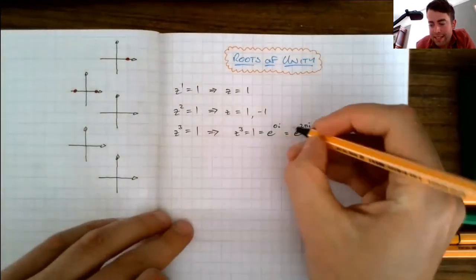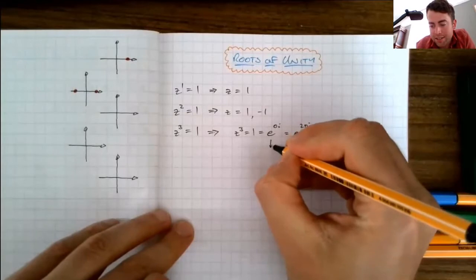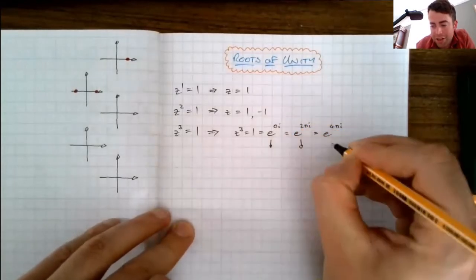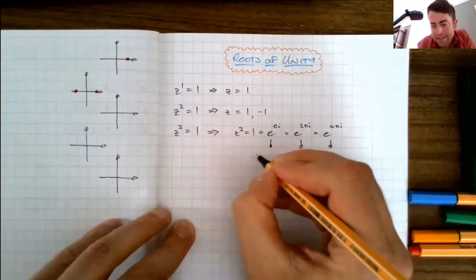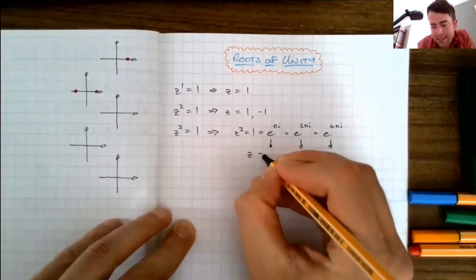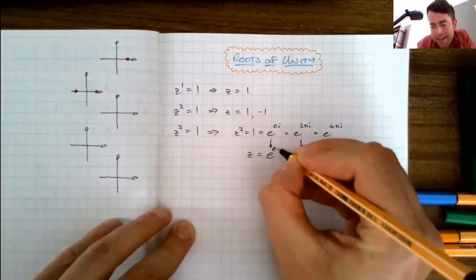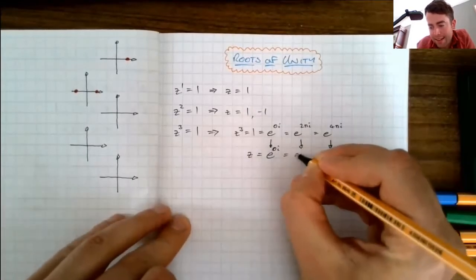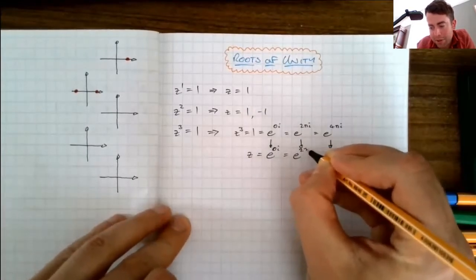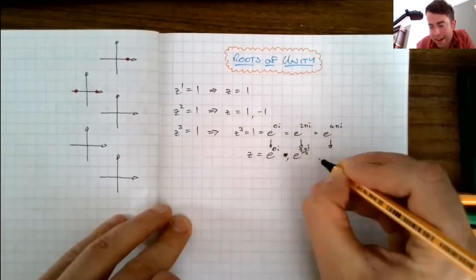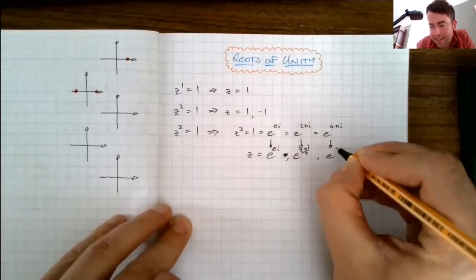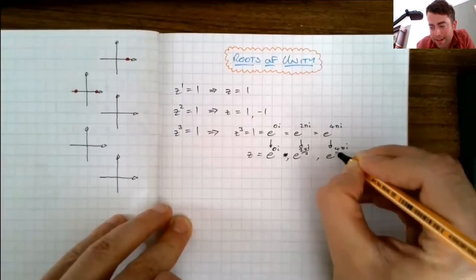Then we find the solutions by taking a third of all the arguments. So z is e to the 0i, e to the 2 pi i over 3, and e to the 4 pi i over 3.